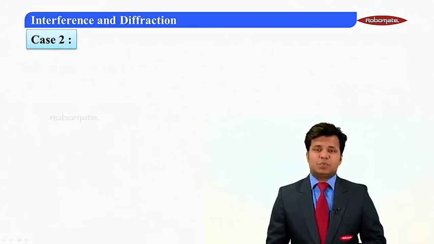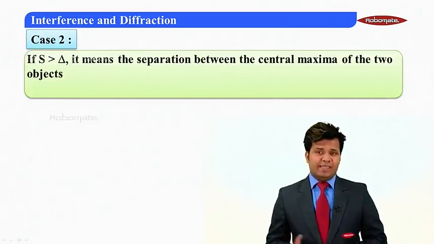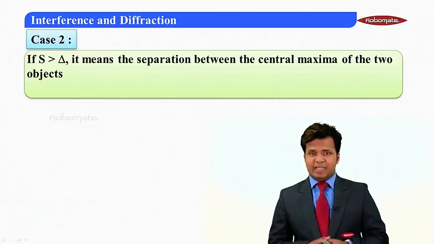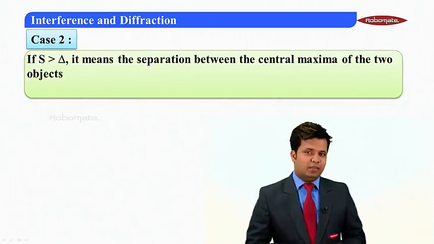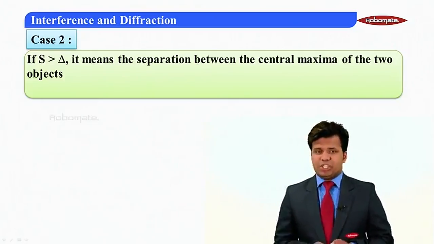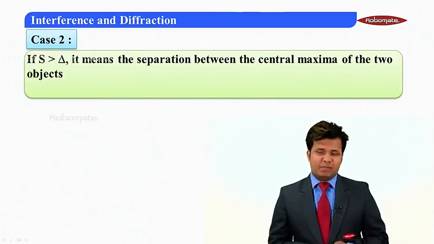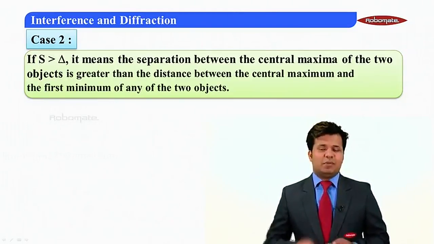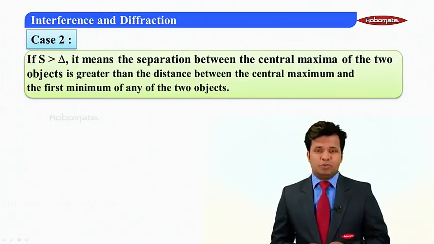But case 2 is if S, that is the distance between central maximas of the two waves, is greater than delta, which means that the separation between the central maximum of two objects is greater than the distance between the central maximum and the first minimum of either of the two objects.